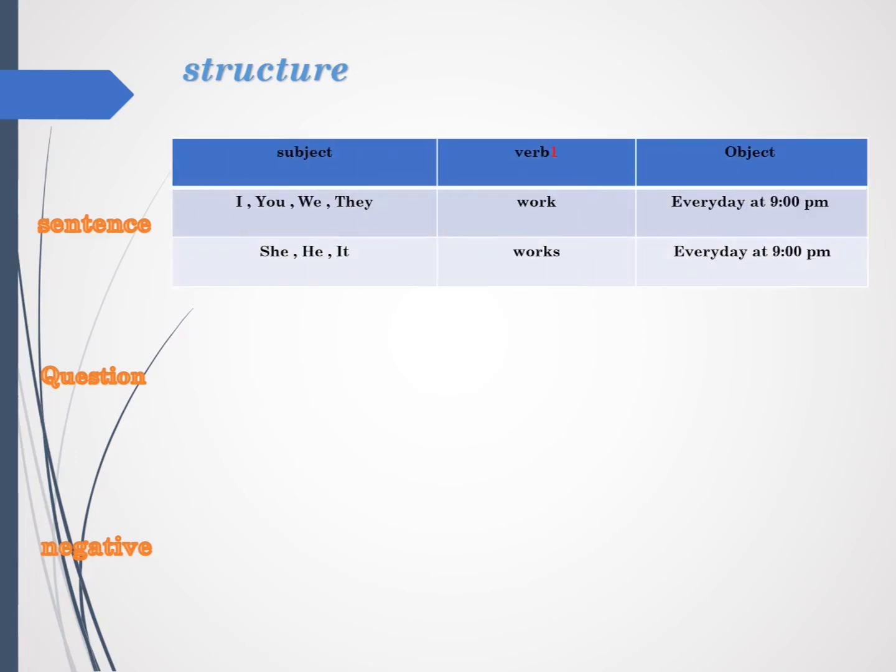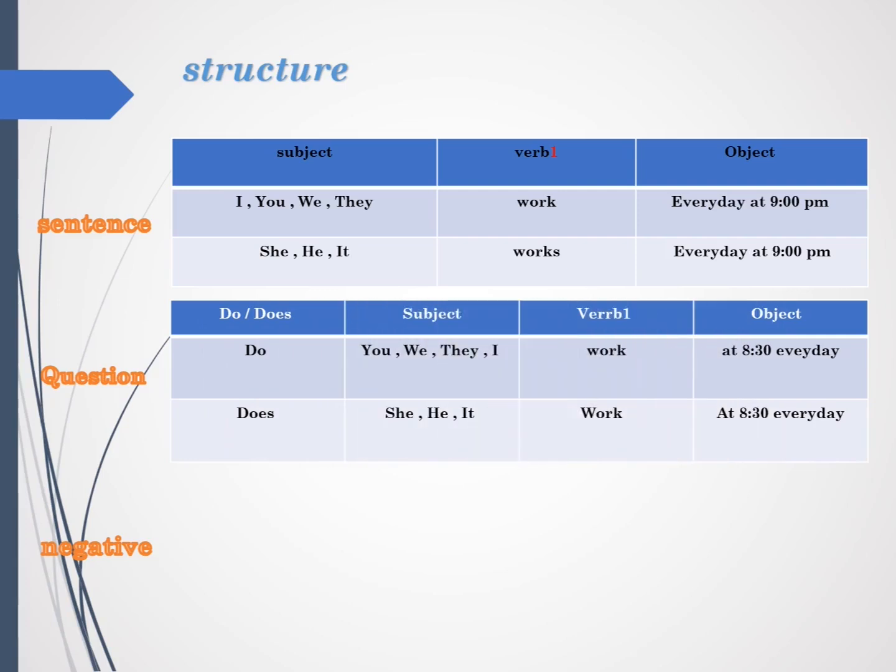The structure. Here we have the structure in the sentences, questions, and negative. In sentences, just as simple, we have subject, verb 1, the base form of the verb, and object. For example, I work every day at 9 p.m. She works every day at 9 p.m. In questions, we just add do and does before the subject.